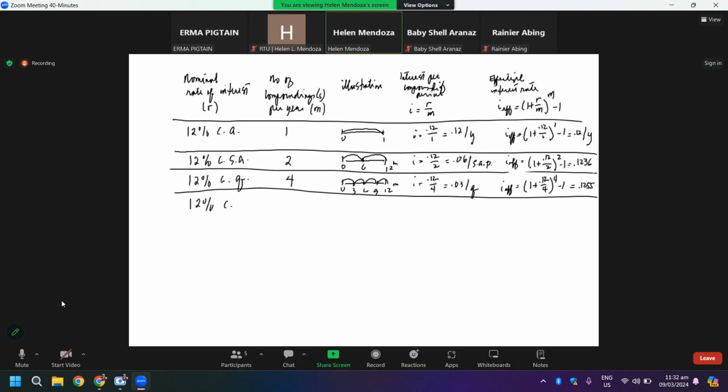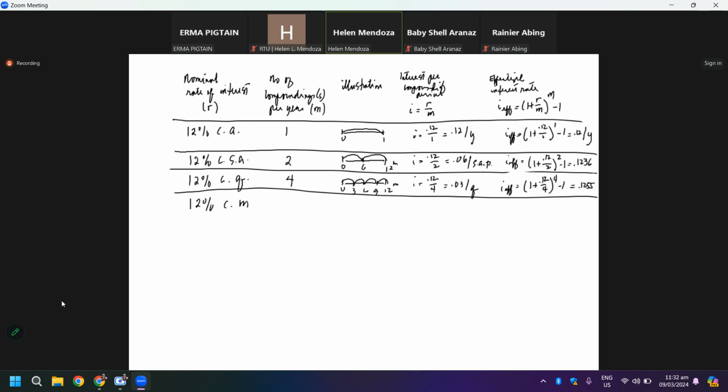Let us continue. 12% compounded monthly. The number of compounding is 12. So this 12 now, hahatiin mo pa siya ulit. 0, 12. So you had 1, 2, 3, 4, 5, 6, 7, 8, 9, 10, 11, 12.